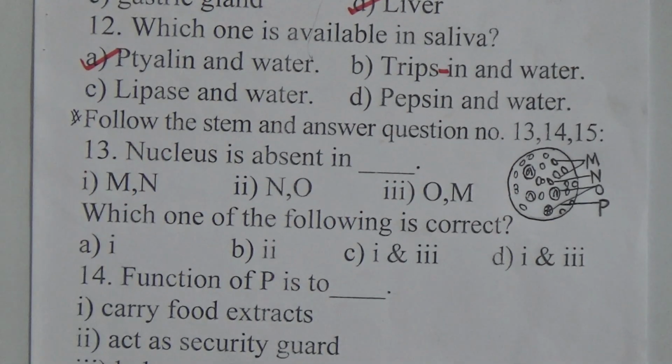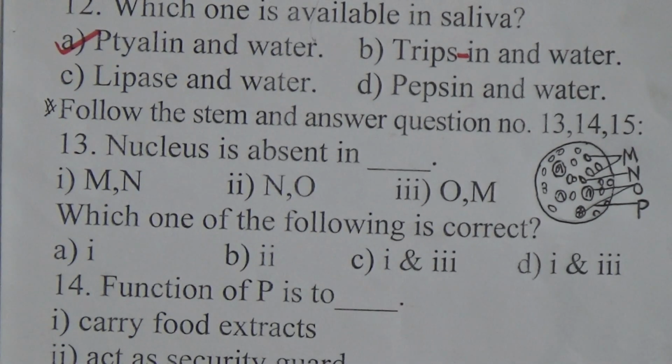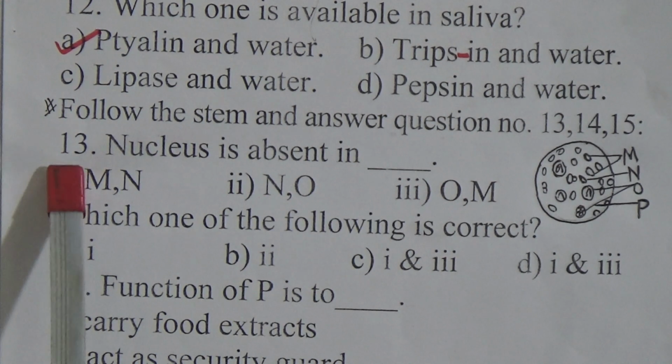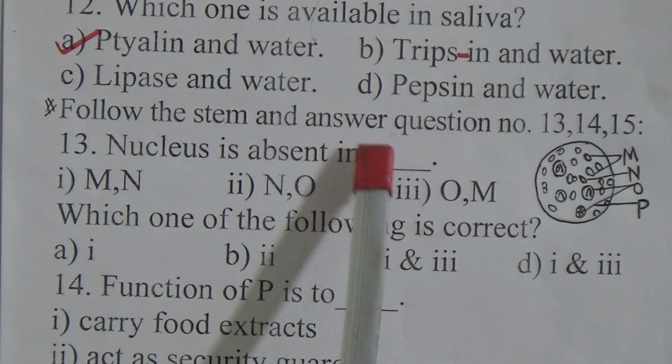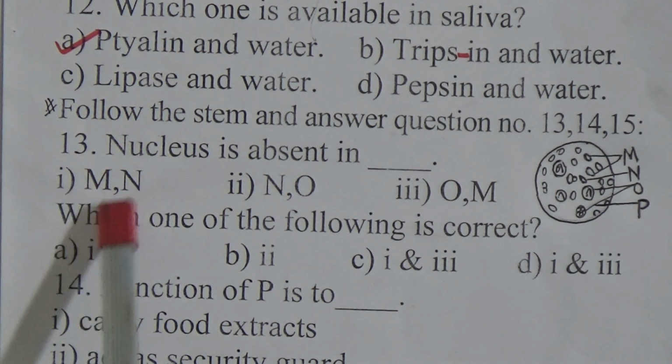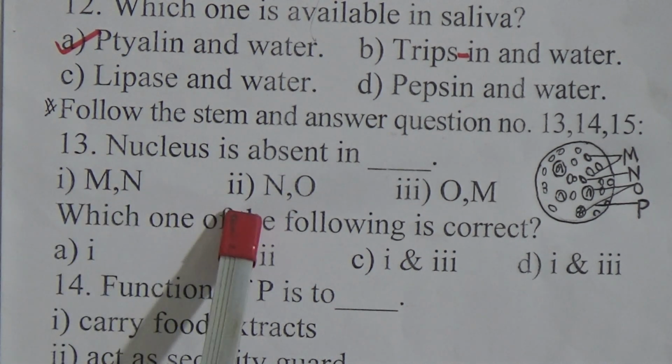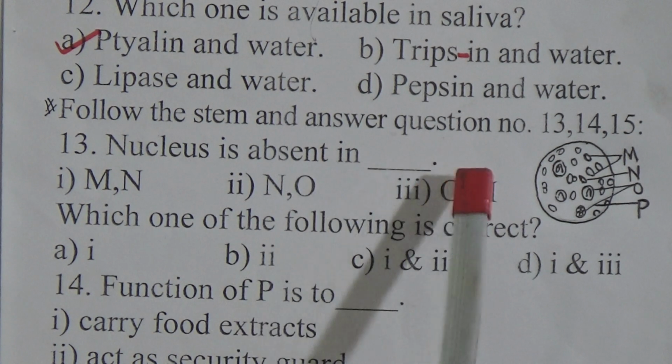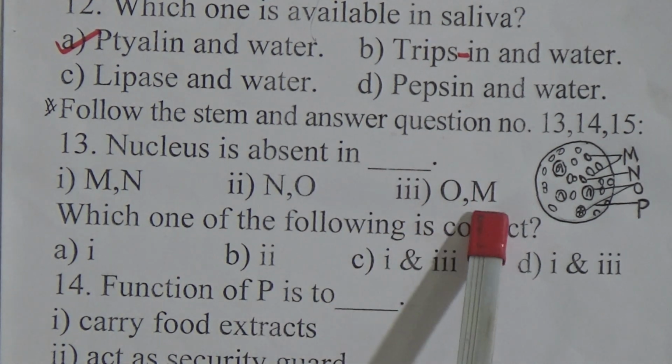Number 13. Nucleus is absent in. Option 1 is M and N part, 2 is N and O part, and 3 is O and M part.